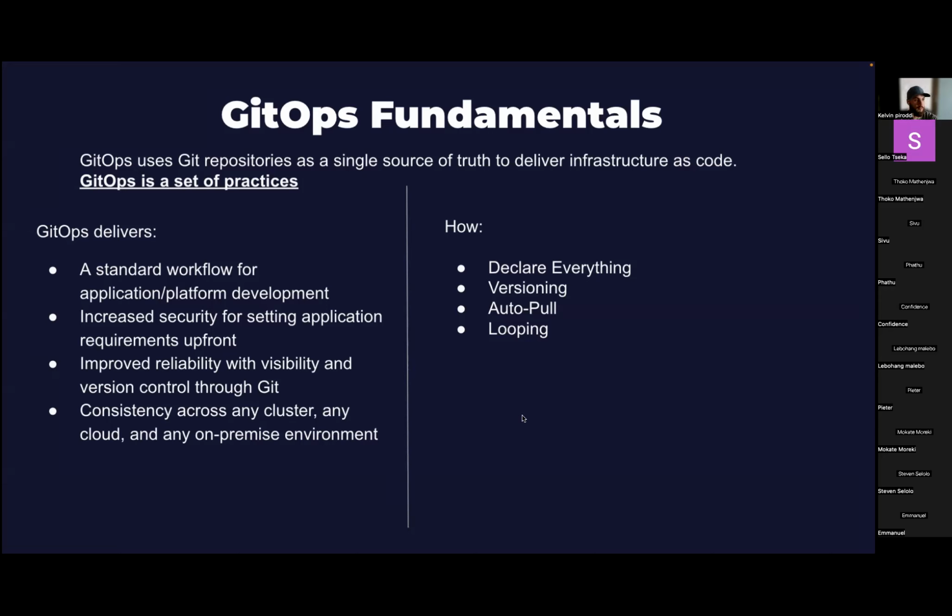What do you get out of GitOps? You get a standard workflow for your applications and your pipelines. You can imagine all your infrastructure, all your application logic is going through the same pipeline. You define it in Git. Every time you change it in Git, something happens, it gets applied, it gets changed. You increase the security of your application because you get the power of Git. You have PRs, comments, branches, all those powers.